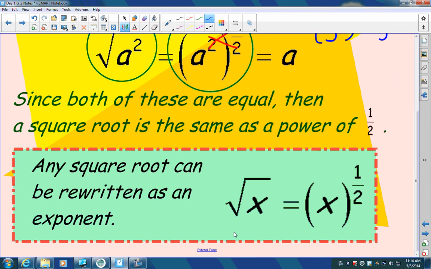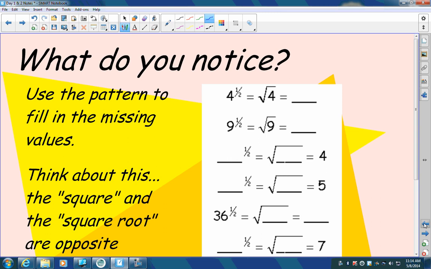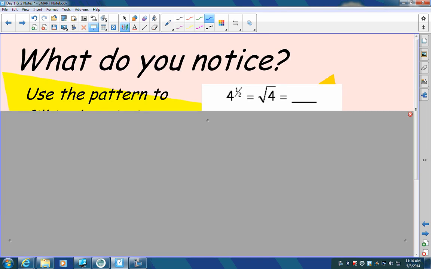Any square root can be rewritten as an exponent. See right here, the square root of x is x to the 1/2. So now, looking here, 4 to the 1/2 is the same as the square root of 4.